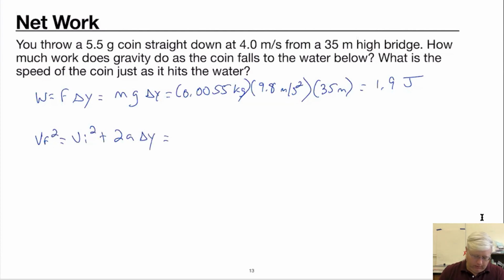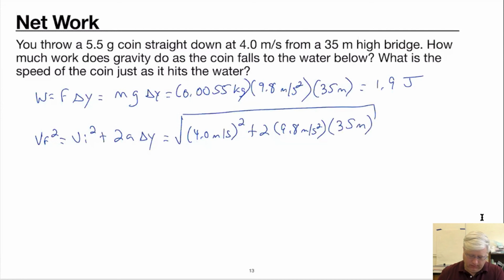So it'll be the square root of v i squared, the initial speed of 4 meters per second squared, plus 2 times the acceleration, which is gravity, times the delta y, the 35 meters. And I get about 26.5 meters per second when I did that.